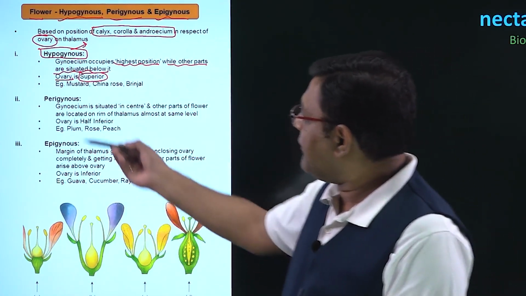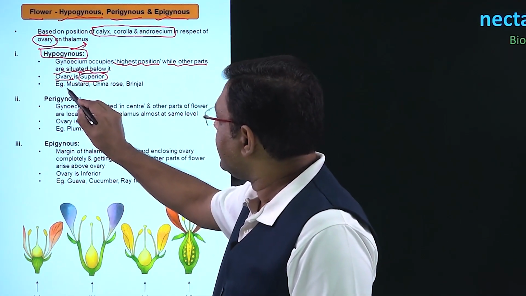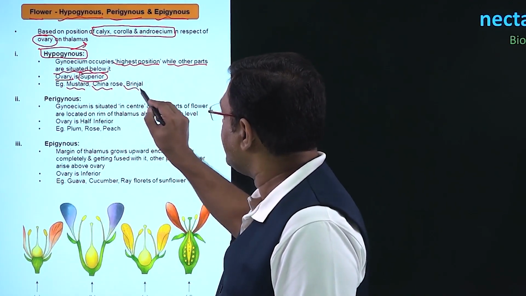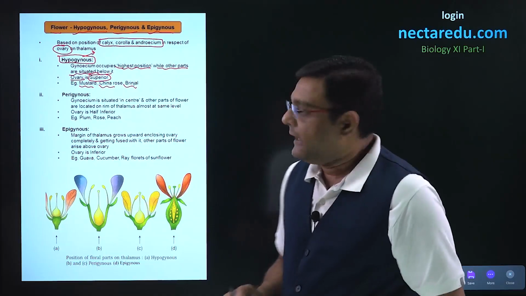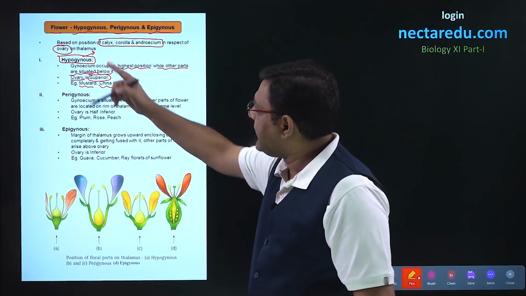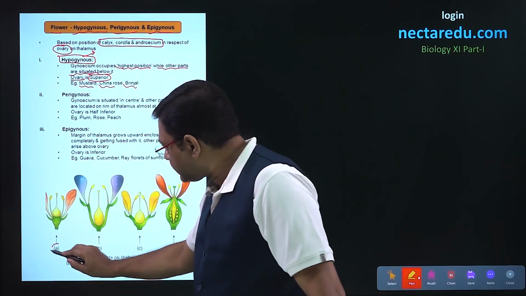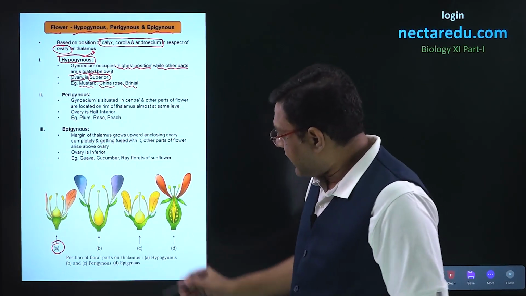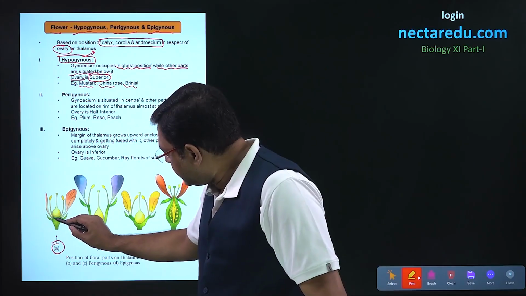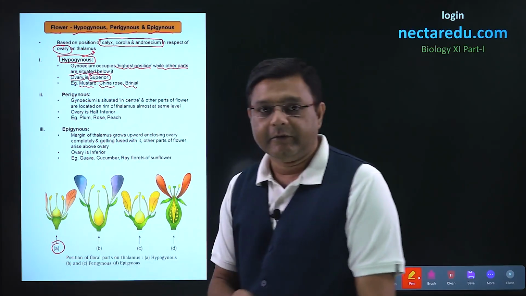Common examples of hypogynous condition are present in mustard, China rose and brinjal. We can see this hypogynous or superior ovary condition in this first diagram. Now, in this diagram, this greenish part is the thalamus.